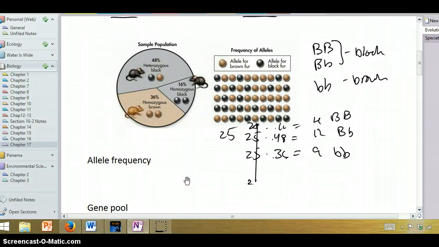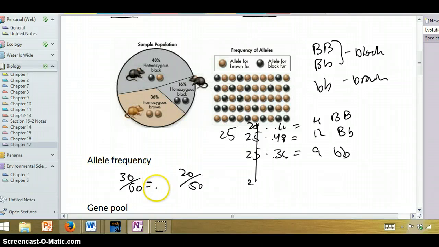And so from this, you can calculate the allele frequencies. If you look at the grid, you can see we have 1, 2, 3, up to 30. 30 of the alleles are little b, and that would mean 20 of the alleles are big B, and so of course 30 divided by 50 equals 0.6.